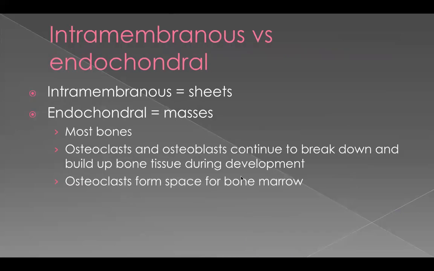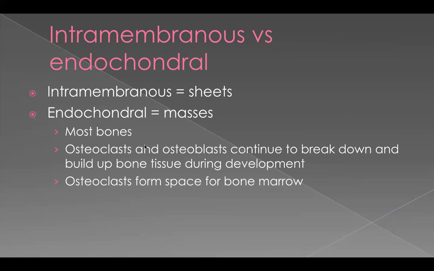All right, let's see. Intramembranous bones are the sheets of the bone, and then the endochondral are the masses of the bone. So for instance, the skull is a sheet. Most bones are endochondral, the masses.